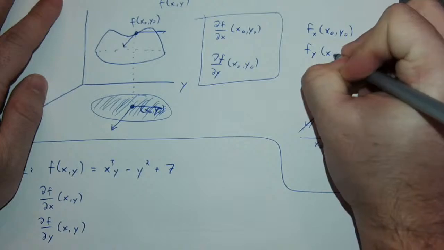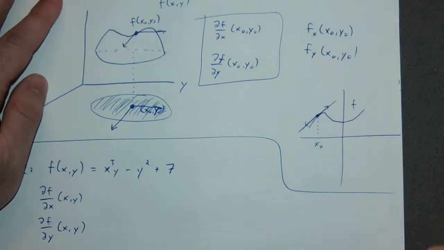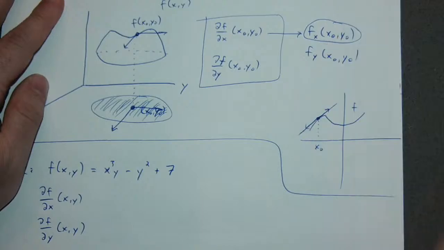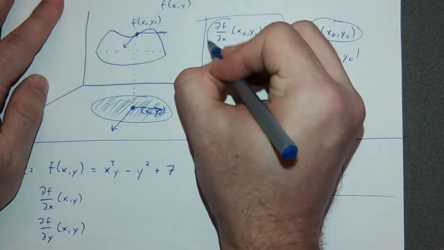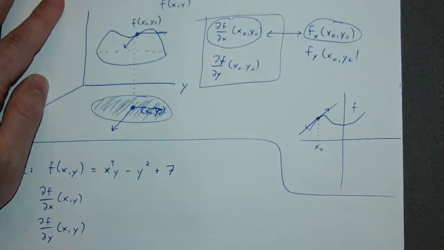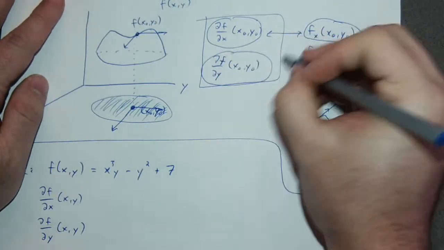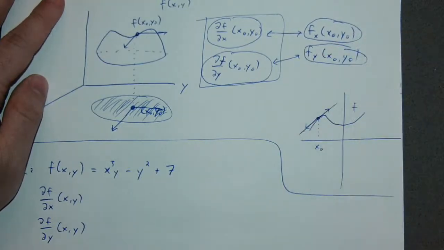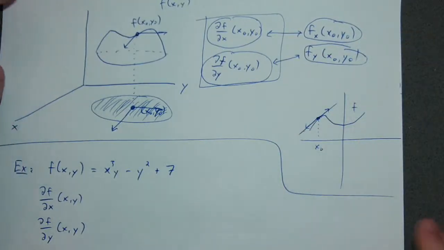So the x partial can also be written using this symbol, f sub x at x naught, y naught, and what that means is the x partial derivative. Similarly, the y partial can be written as f sub y here. And I'll do that for the second example.